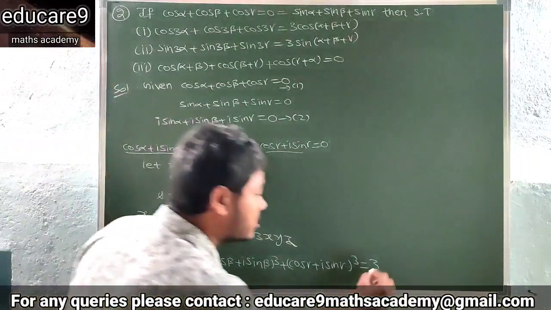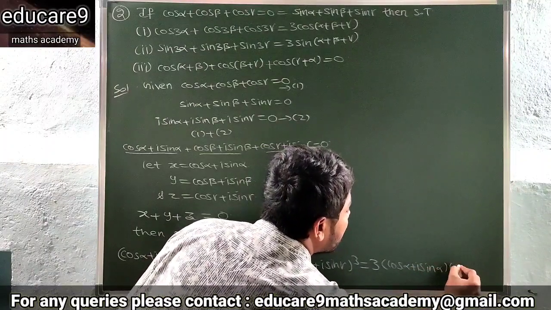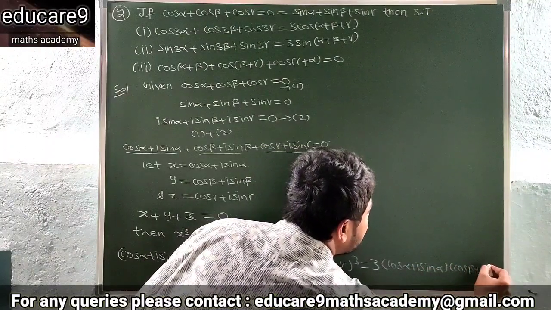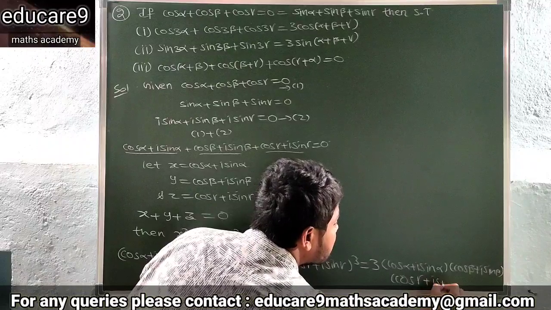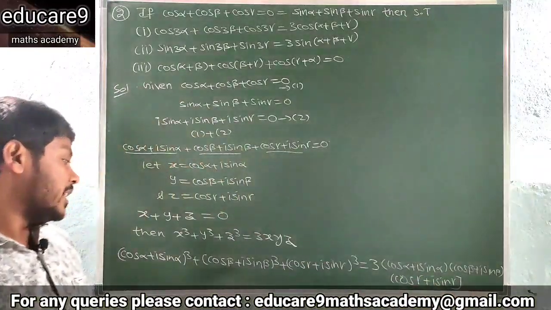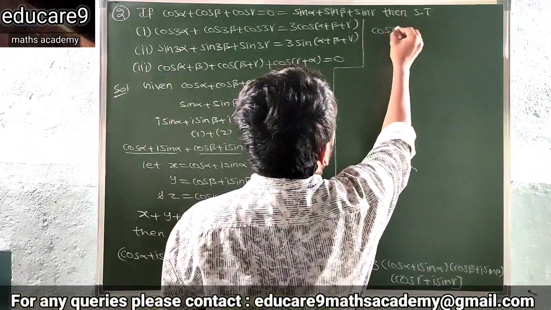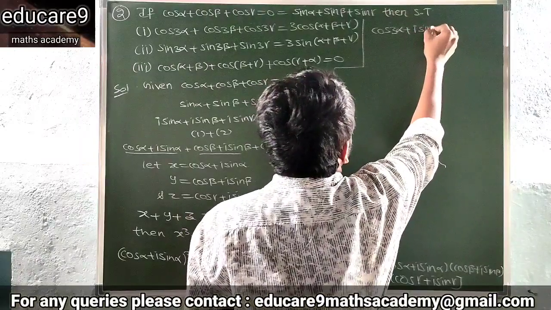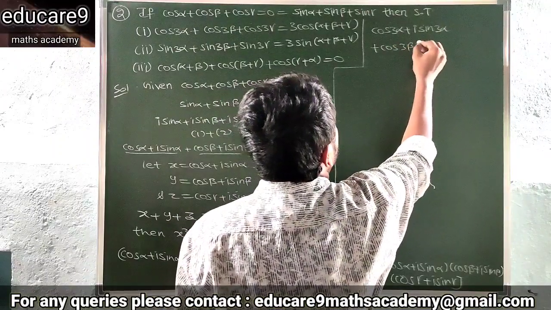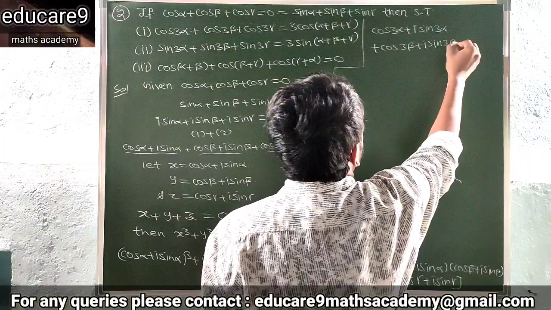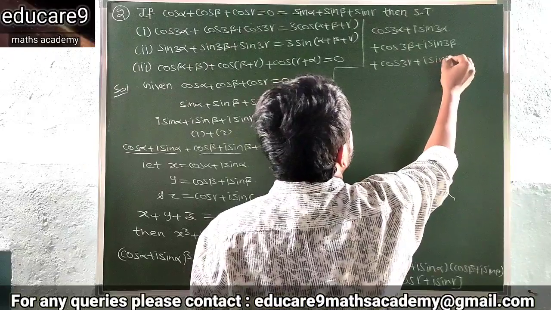So again write xyz values, that is cos alpha plus i sin alpha, cos beta plus i sin beta, and cos gamma plus i sin gamma. So clearly here we have to apply De Moivre's theorem. See here, that is cos 3 alpha plus i sin 3 alpha plus cos 3 beta plus i sin 3 beta, and again cos 3 gamma plus i sin 3 gamma.